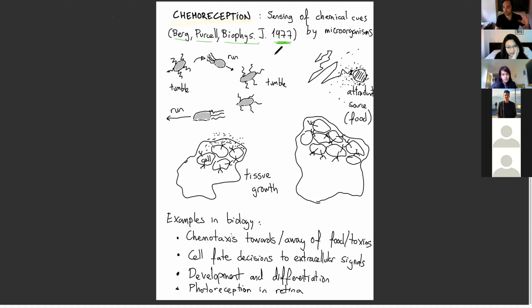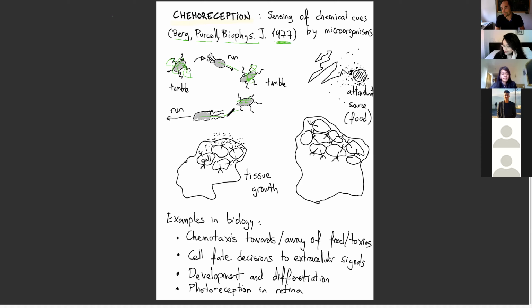And sensing is important in many situations. Here you have your friend, the run and tumble process, in which a bacterium can change its way of moving. Tumble means exploration, like doing diffusion all around, and then it can switch to a new mode of moving, which is running. And tumble again for some time, and then run.